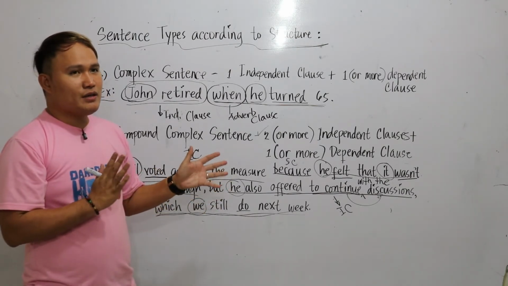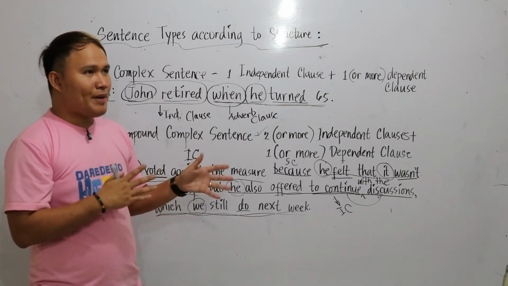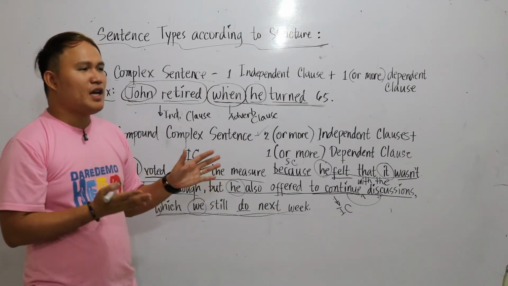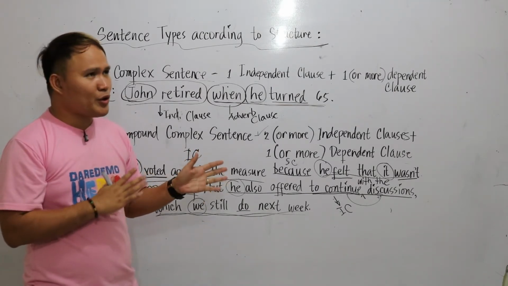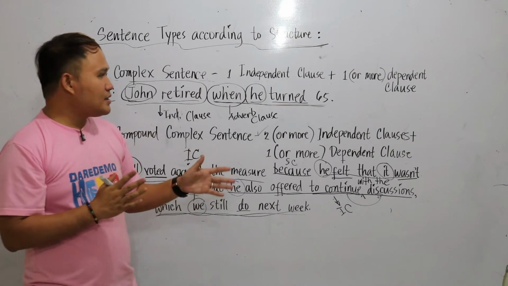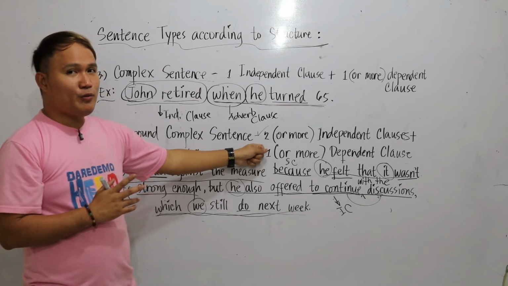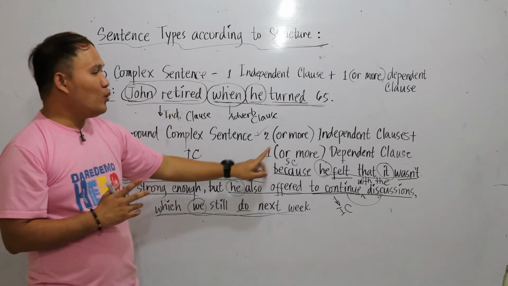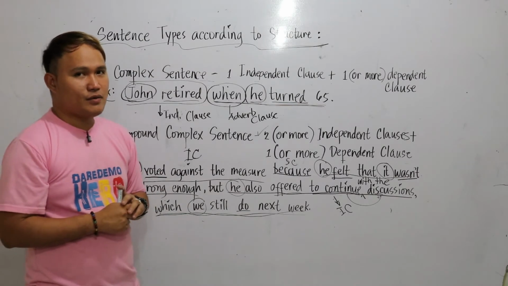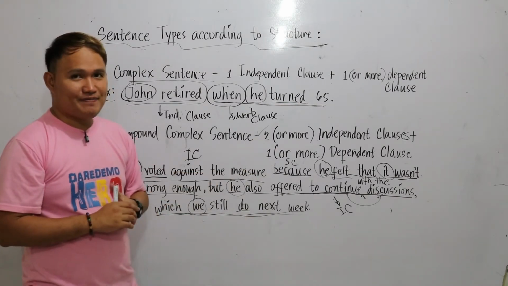You will know that a sentence is compound complex because it is composed of a lot of subordinating conjunctions or compound conjunctions, plus there should be 2 or more independent clauses and at least 1 dependent clause, or 1 or more dependent clauses. Okay?